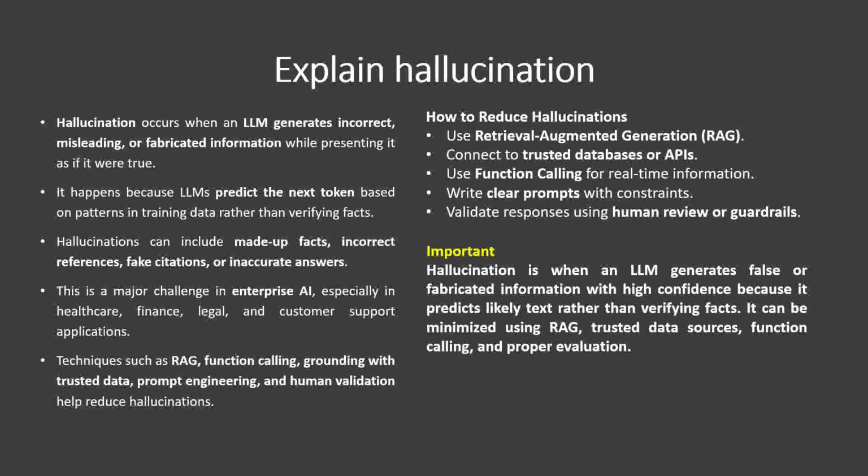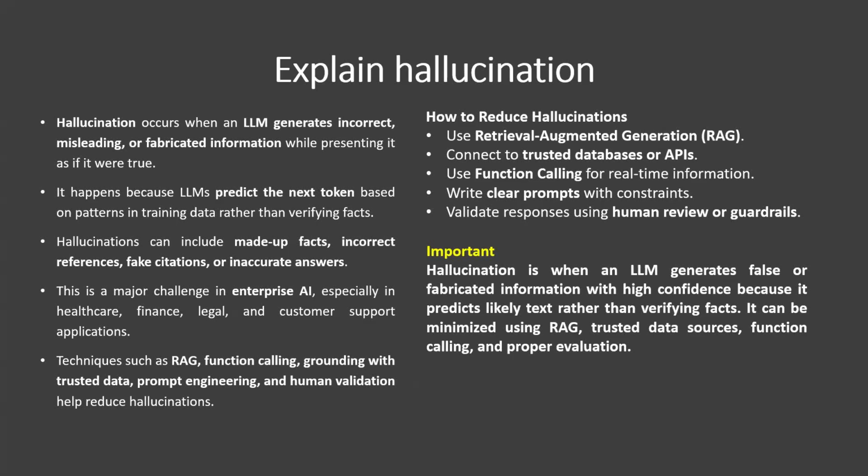Explain hallucination. Hallucination occurs when an LLM generates incorrect, misleading, or fabricated information while presenting it as if it were true. It happens because the LLM predicts the next token based on patterns in training data rather than verifying it.